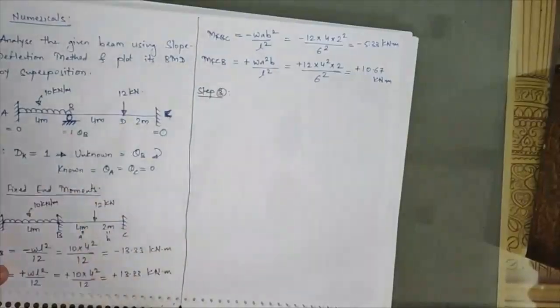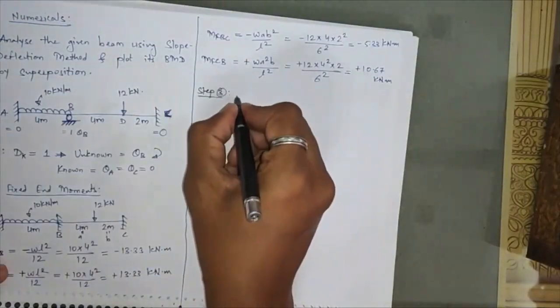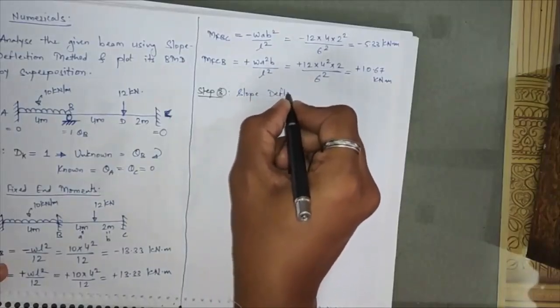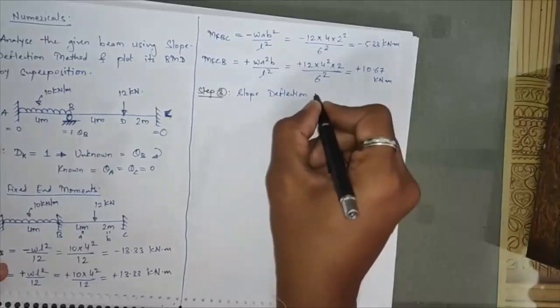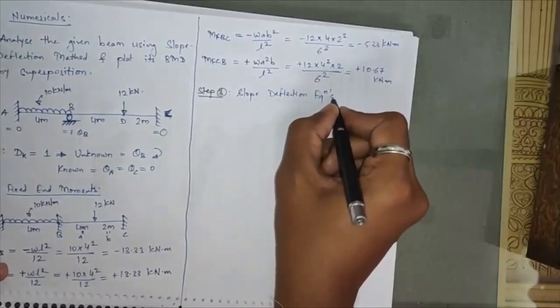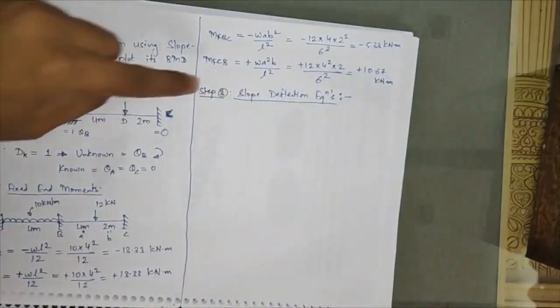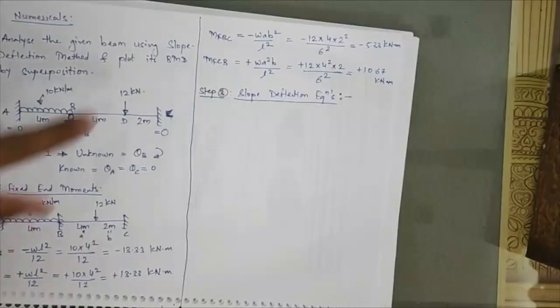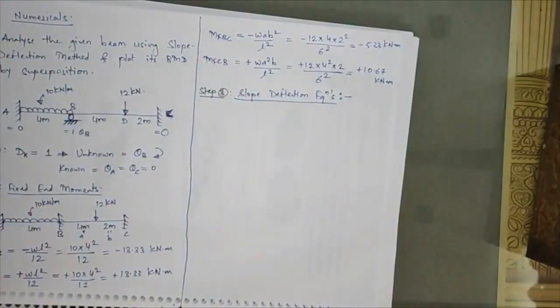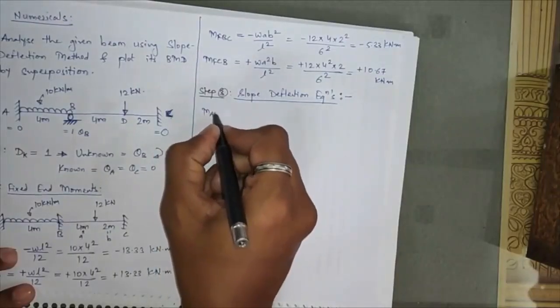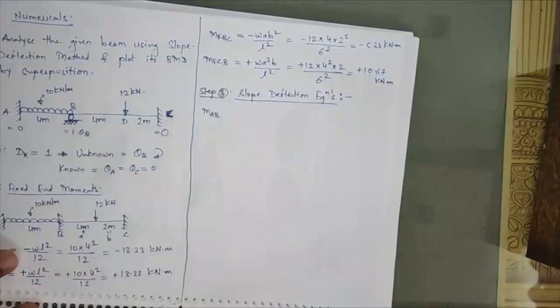Now in step number 3, what you have to do is formulate your slope deflection equations. Okay, now how many slope deflection equations will there be? As many as the fixed moments. So for the first equation I'll take member AB, that equation will be MAB.